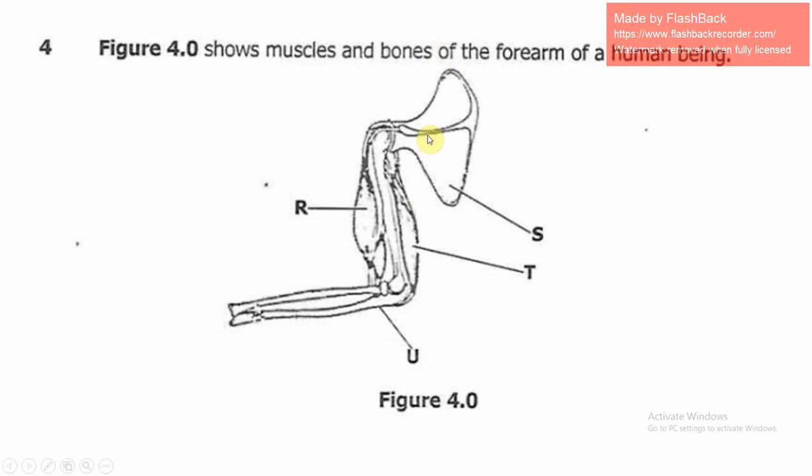I've not talked of the muscles. Muscle T is known as the tricep muscle, and I'll explain what it does. Muscle Ara is known as the bicep muscle, the one found on the inside where you make your 90 degrees. If you extend your arm, you have a flat surface, or 180 degrees.